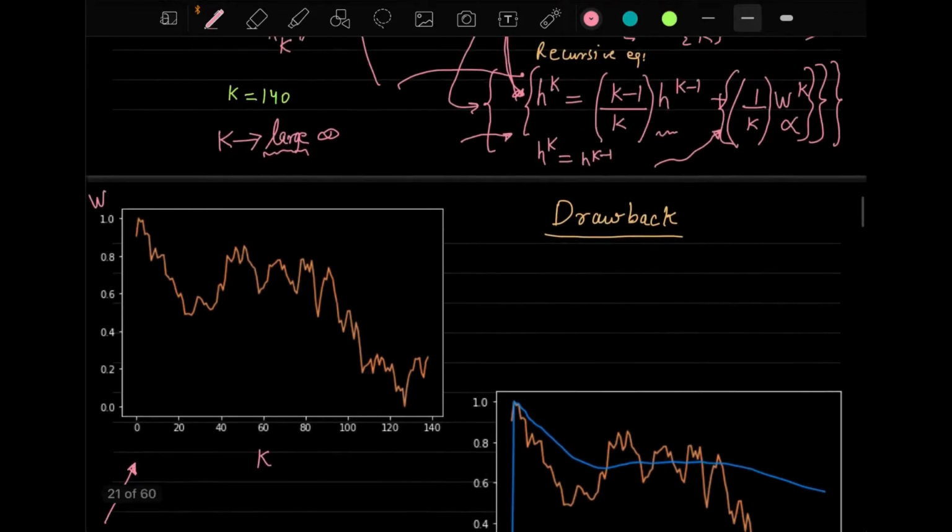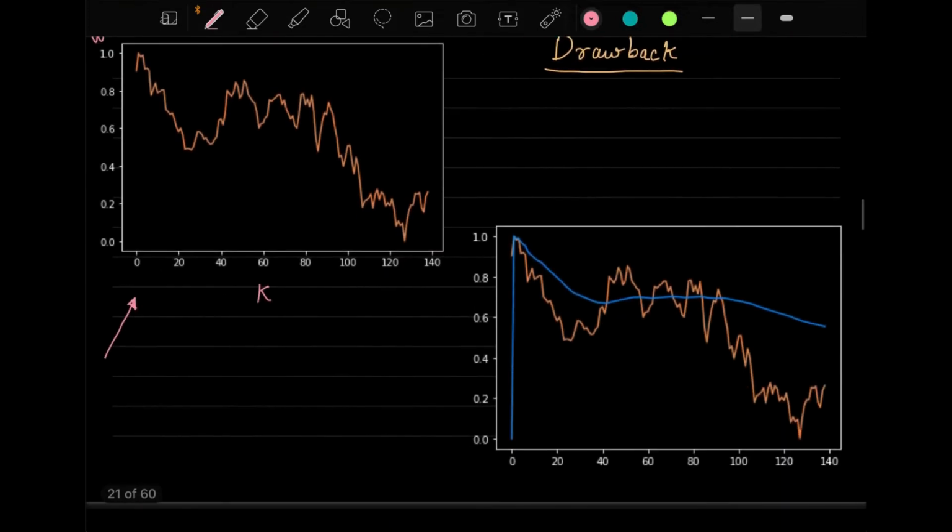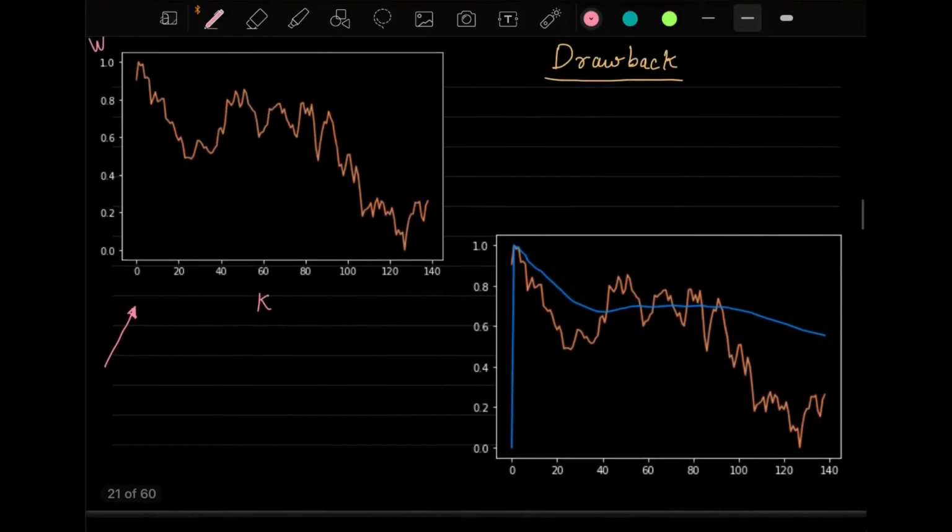We are actually running this recursive expression that we have here. So once we start running this recursive expression, you can see this blue curve is actually h to the power k, or superscript k, and this is w superscript k.